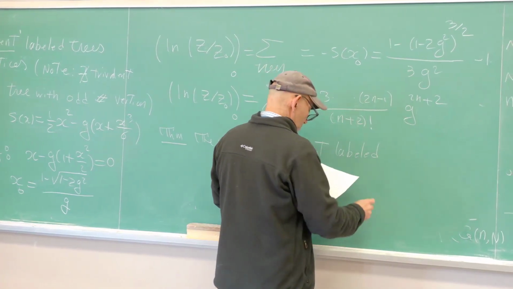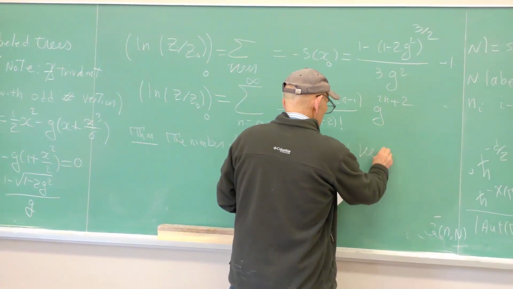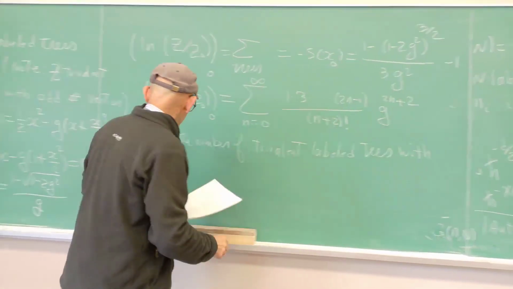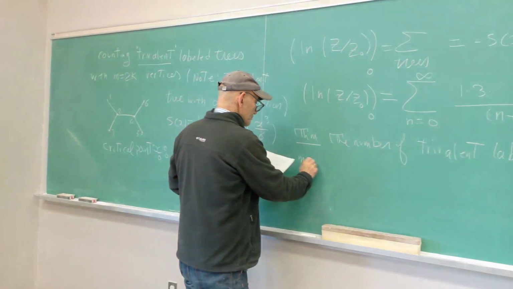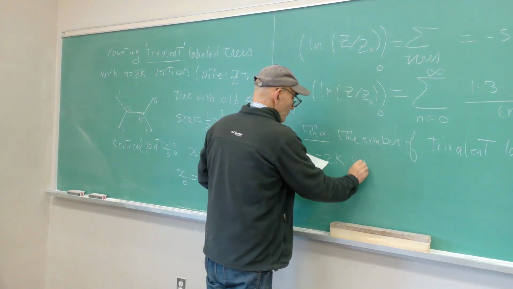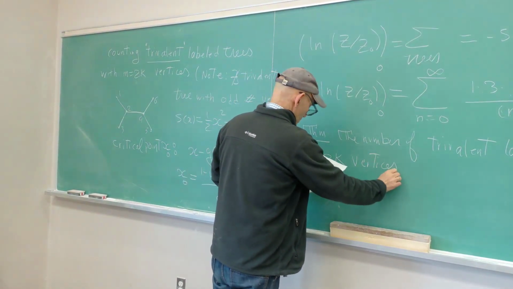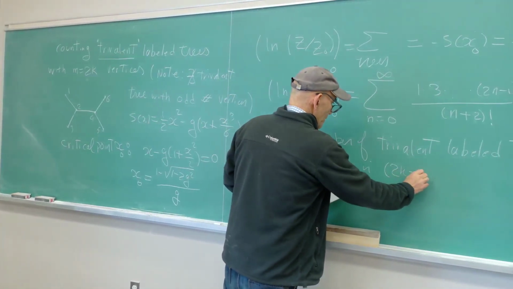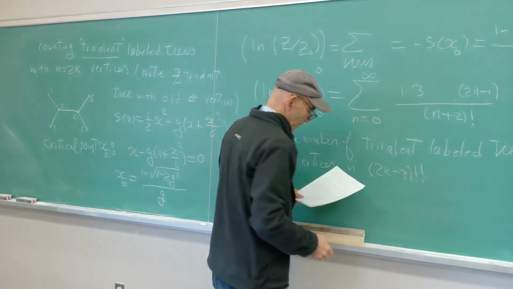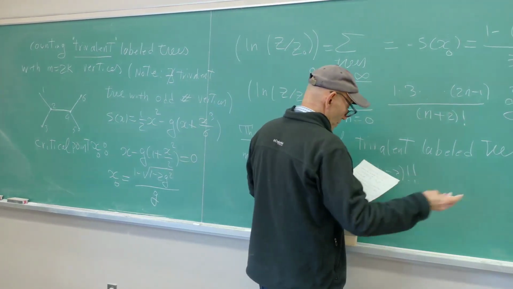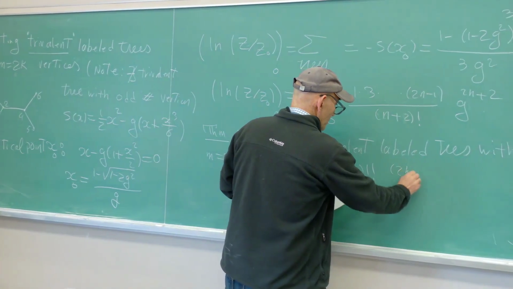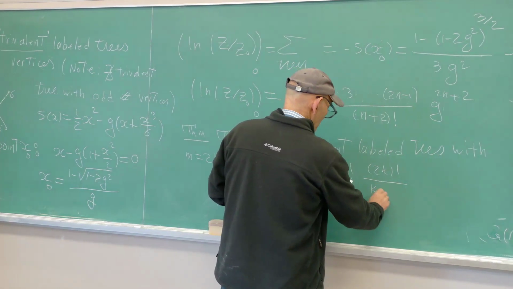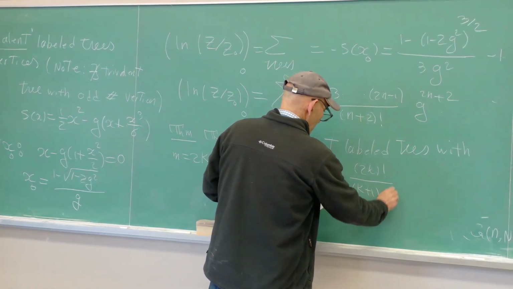So trivalent labeled trees with n equal to 2k, where this is 2k minus 3 double factorial, 2k factorial divided by k plus 1 factorial.